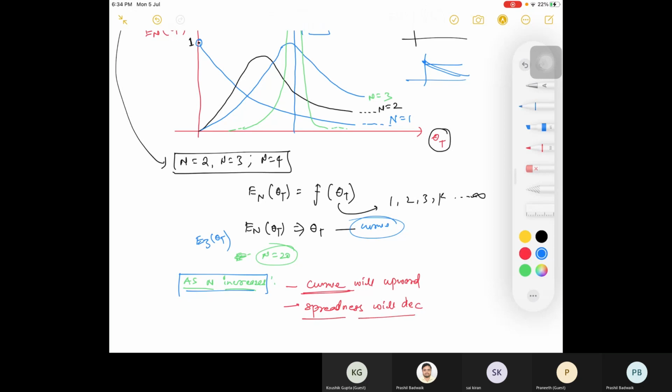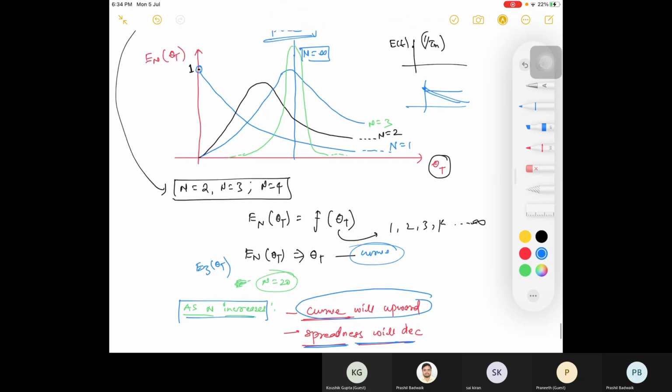Now, can you guys tell me why this curve will shift upward if there is a decrease in spreadness? What is that one reason? Sir, the area under the curve should be 1. Exactly. Your area under the E curve should be 1, and that's why your curve will shift upward and it will move towards PFR.